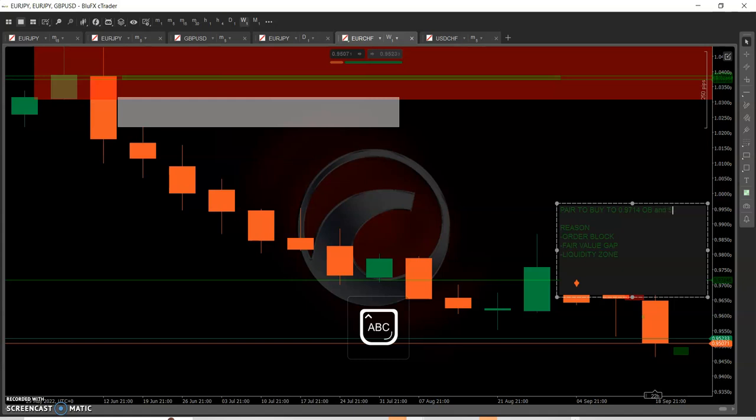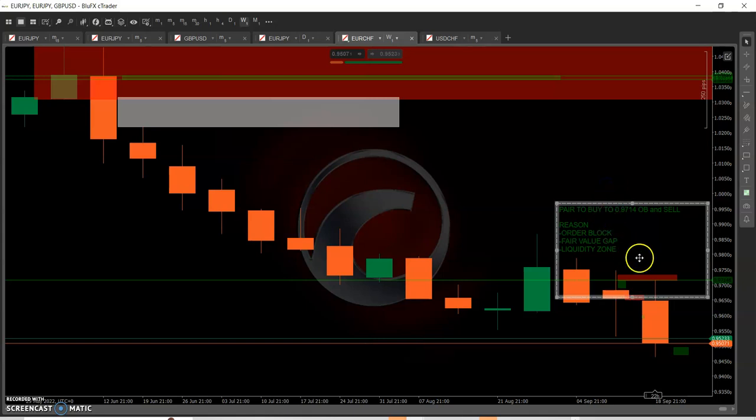So that's what we had for last week, and you can see price just went up, touched the OB at 0.9149714, and then fell down for the week.